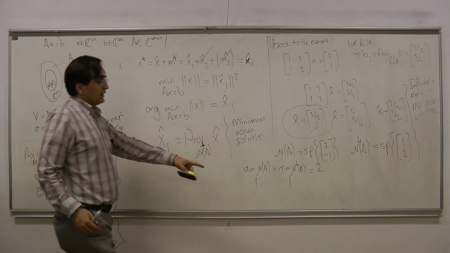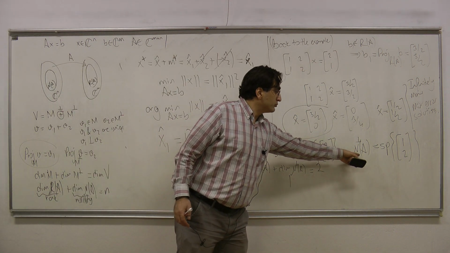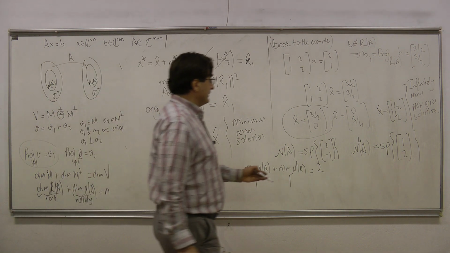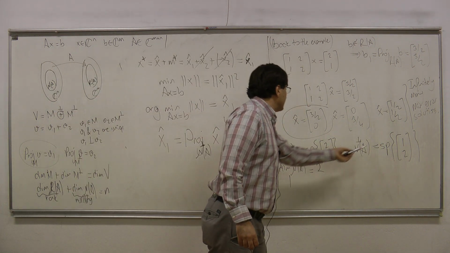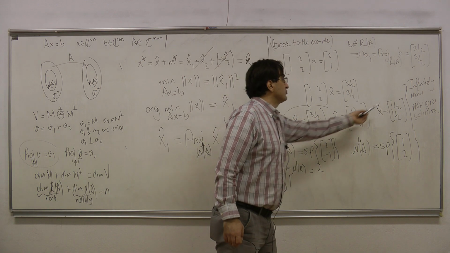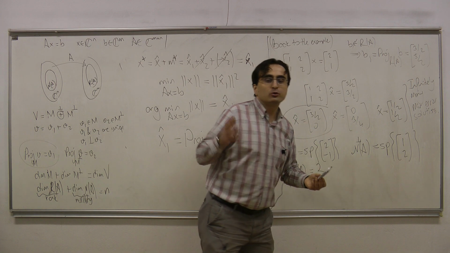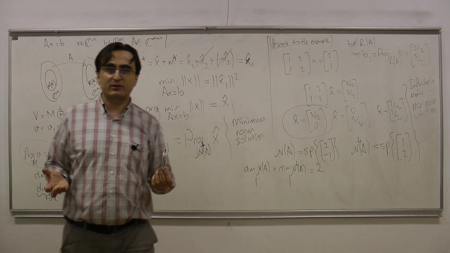Now I need to calculate the projection matrix onto that subspace. And then I need to multiply that projection matrix with an arbitrary solution. It really doesn't matter which solution I take. You would always get the same solution at the end.